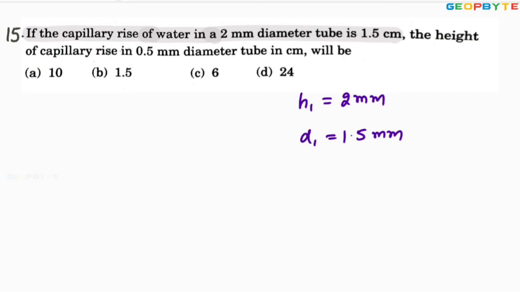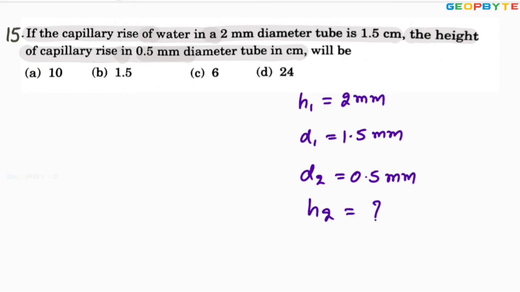The height of the capillary rise in a 0.5 mm diameter tube is, if the 1.5 mm diameter tube is replaced by another tube of diameter 0.5 mm, how much height can the liquid be raised?